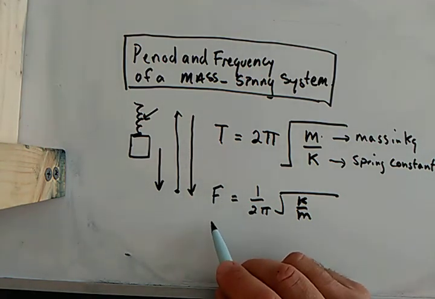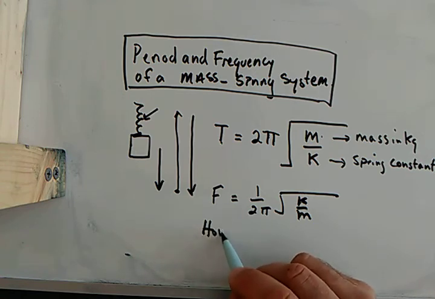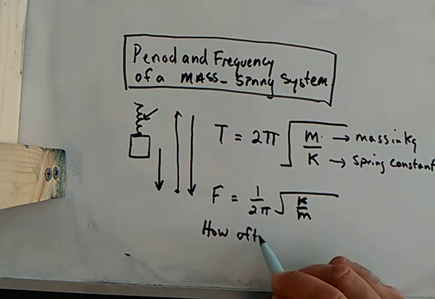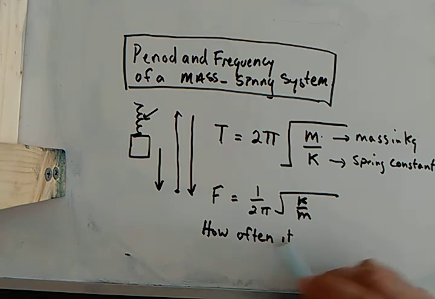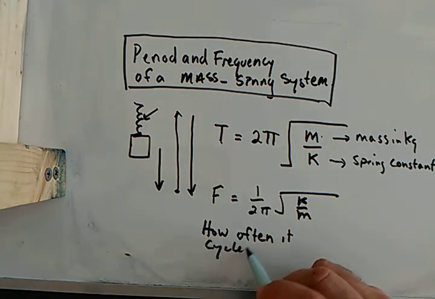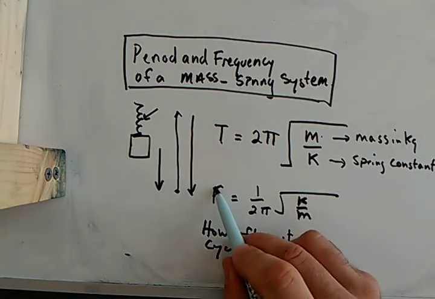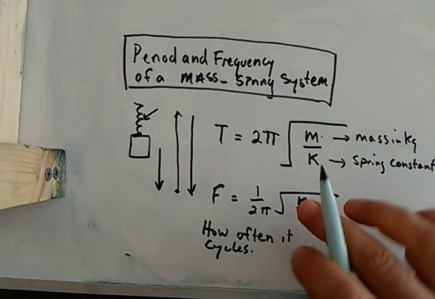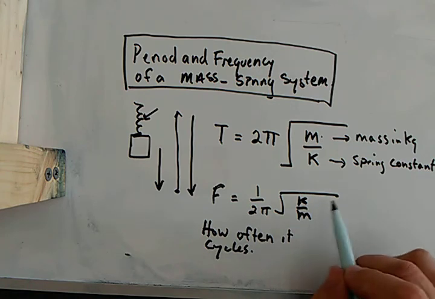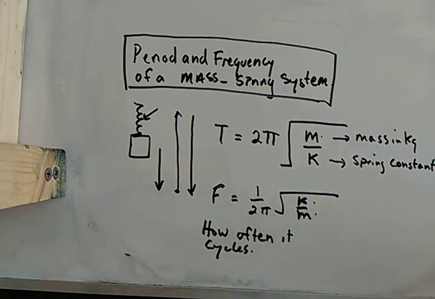And remember, frequency is how often it cycles. So the frequency is very useful for flipping this equation over. Again, this is the spring constant and this is the mass.